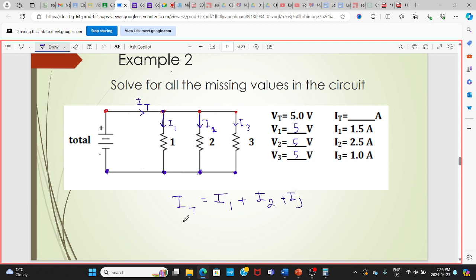So the total I have, I1 is 1.5 plus I2 is 2.5, I3 is 1. It's going to be 5 amp. I just fill that in here.